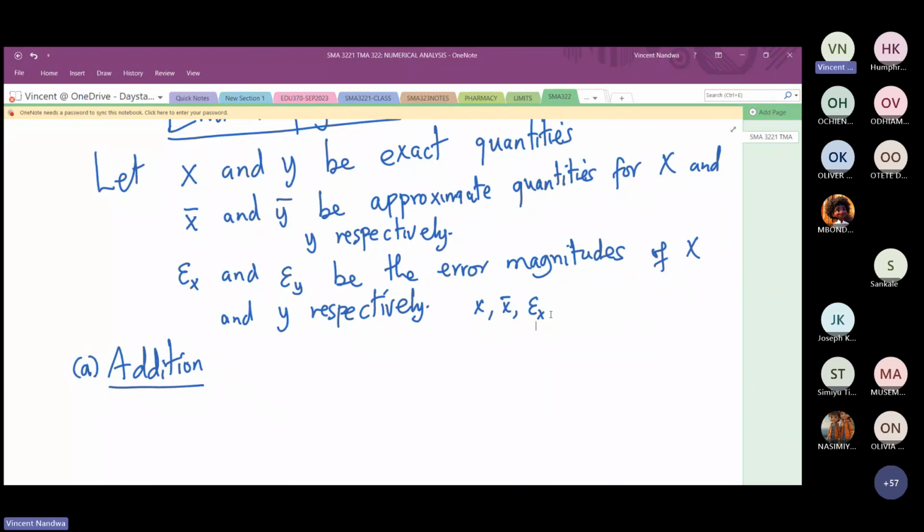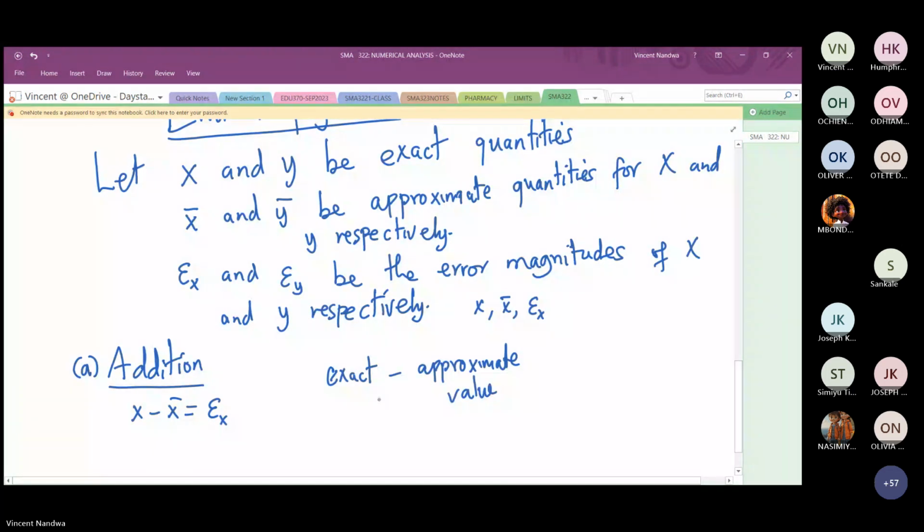Correct. So X minus X bar is the same as epsilon X, because if we take the exact quantity minus the approximate value, this gives us the error. So the exact minus the approximate gives us the error value.